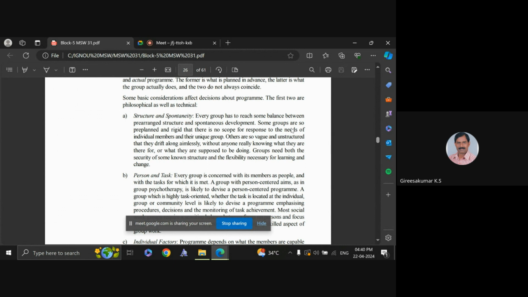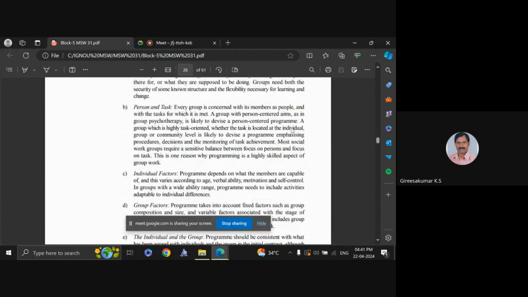Group means people, a small or large number of people, and there may be issues and problems. Whether the task is located at the individual, group, or community level is a device program emphasizing procedures. Hence, they must understand person and task, a sensitive balance between person and task.